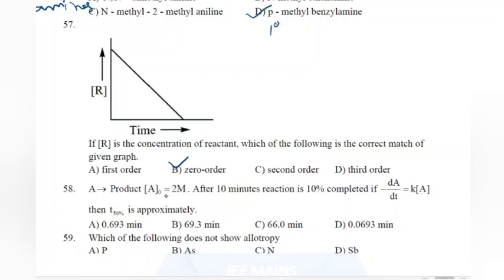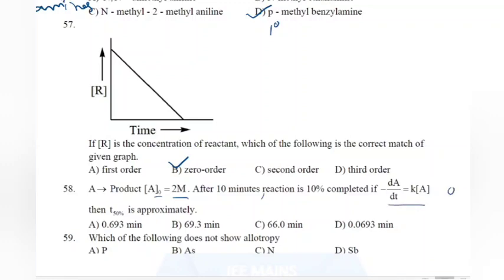A gives products. A naught, initial concentration they have given as 2M. After 10 minutes, the reaction is 10% completed. If minus dA by dt is equal to K into A, then t 50% they are asking for. Here they have given the rate equation.